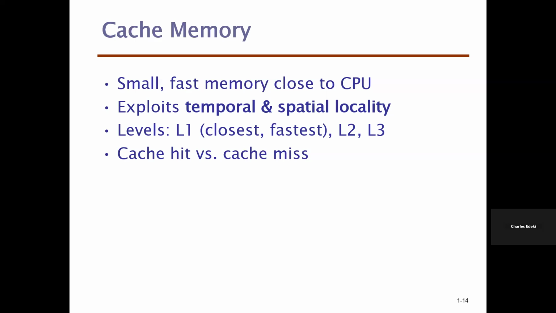And the main goal of a cache, to solve the Von Neumann bottleneck, is to reduce the average memory access time by storing frequently used data. There's an algorithm for the concept of mapping the data from RAM to cache. Also, the second item exploits temporal and spatial locality.